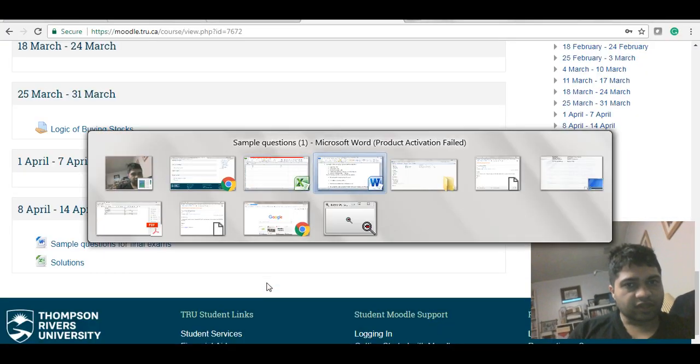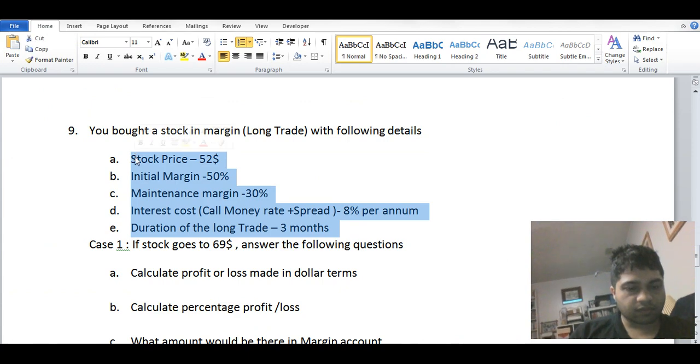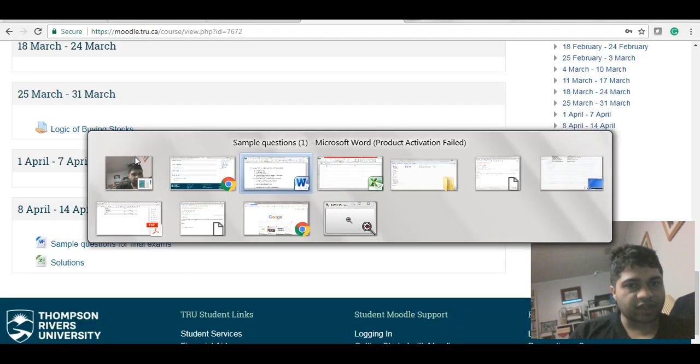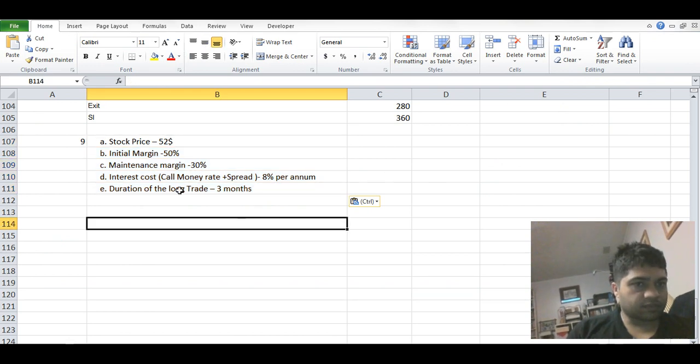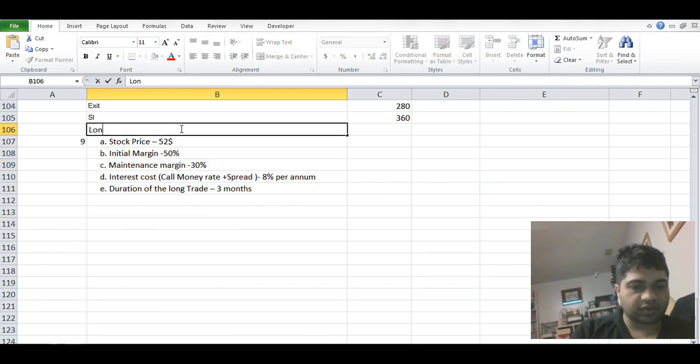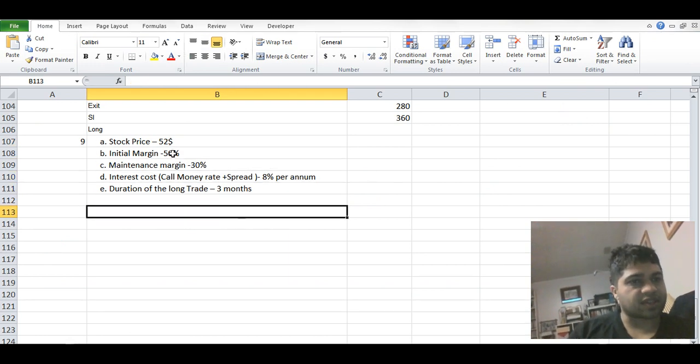It's a long trade you are doing. Now a few details. Initial margin is 50%.